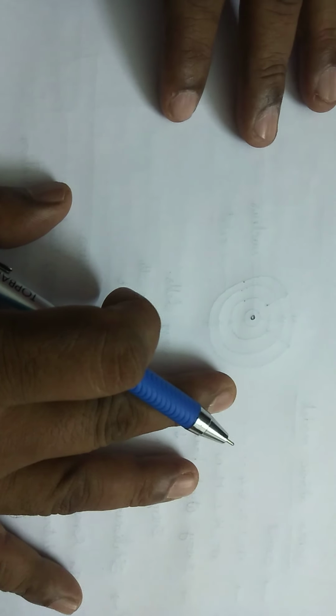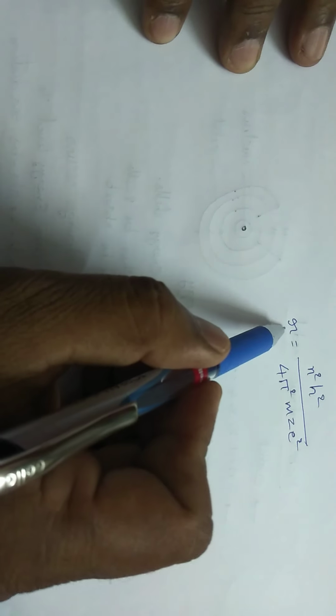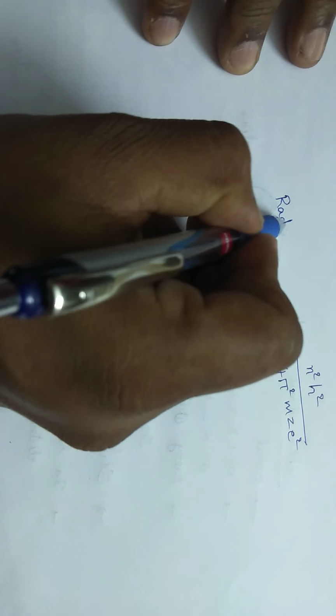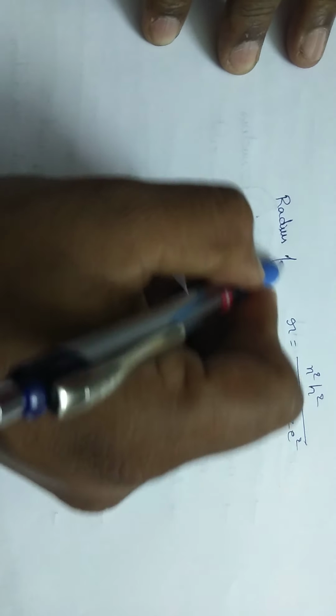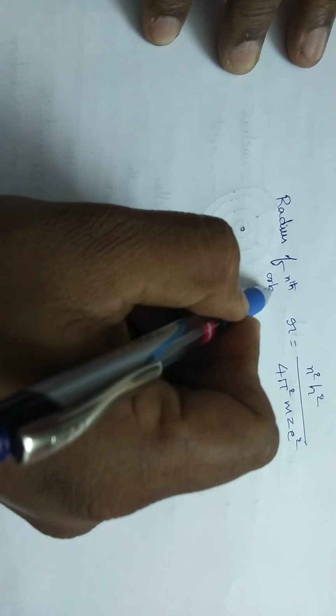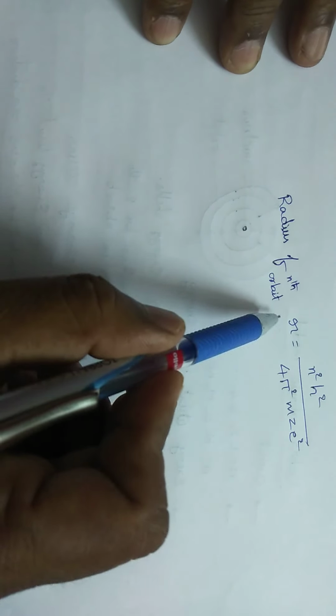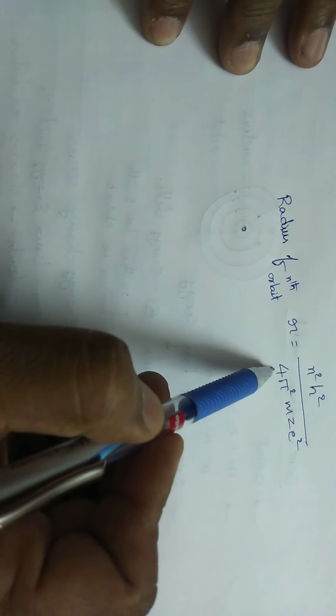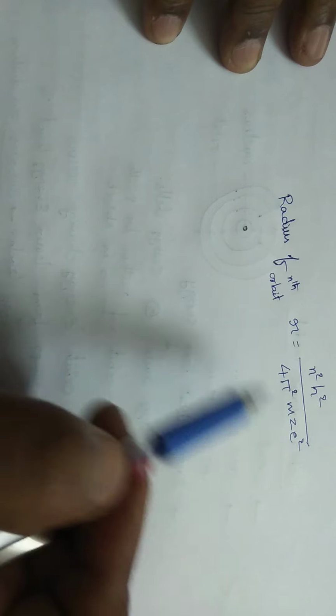According to Bohr's atomic model, one important thing we have to discuss is that Bohr calculated the radius of the nth orbit. R is nothing but radius. Radius of the nth orbit: R is equal to n square h square by 4 pi square m Z e square.